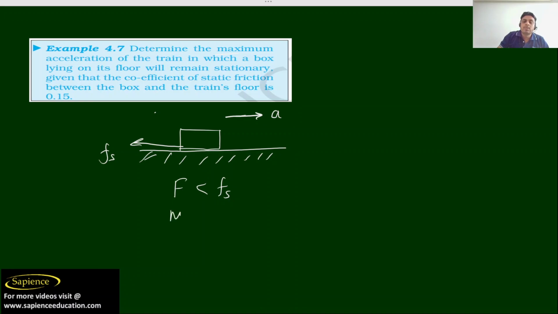Now force is equal to ma, which must be less than or equal to the static frictional force, that is mu into mg, because frictional force is equal to mu into R. The body has weight mg, so the reaction force R can be written as mg, and frictional force can be written as mu into mg.